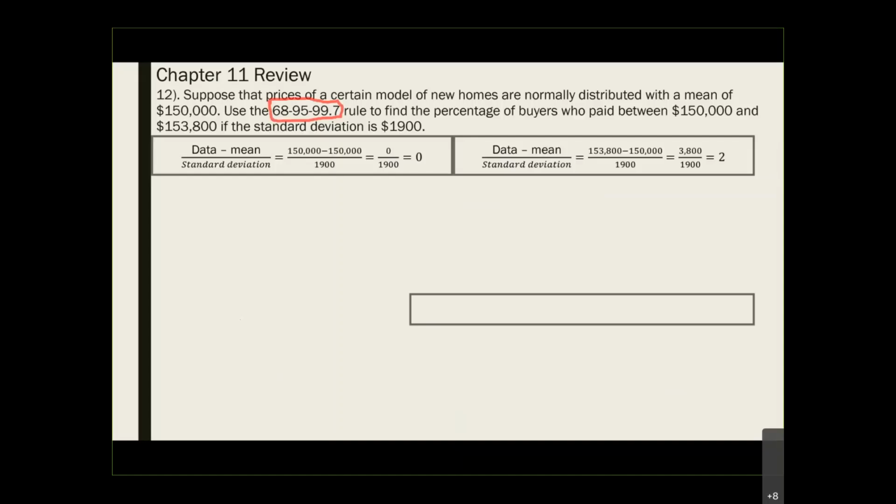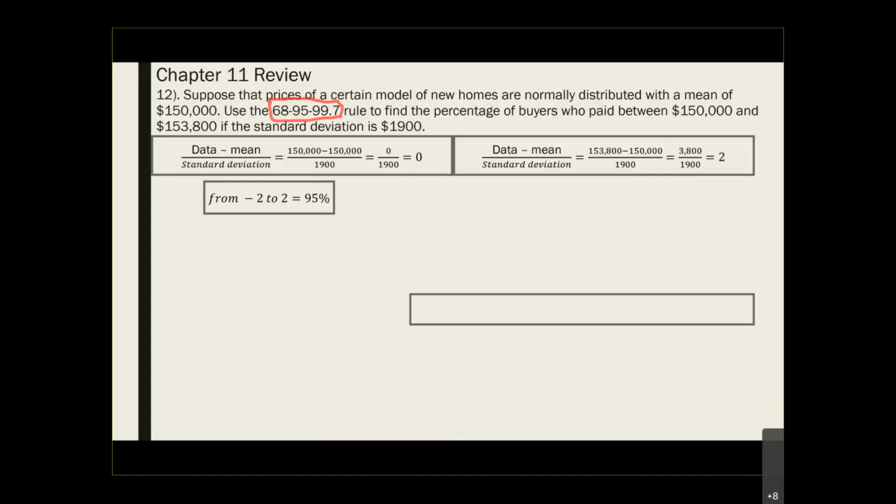The rule tells us that from -2 to 2 is 95%, within 2 standard deviations. If we go down 2 and up 2, that is 95% of my data. But do they ask us from -2 to 2? No, they ask us from 0 to 2.